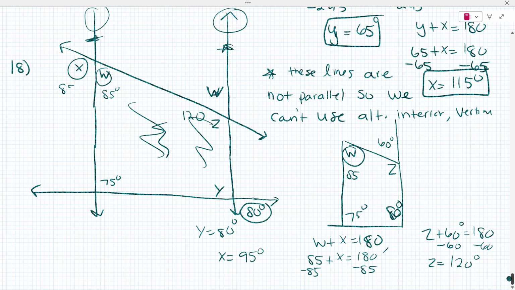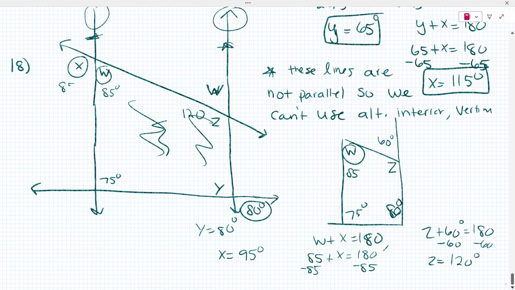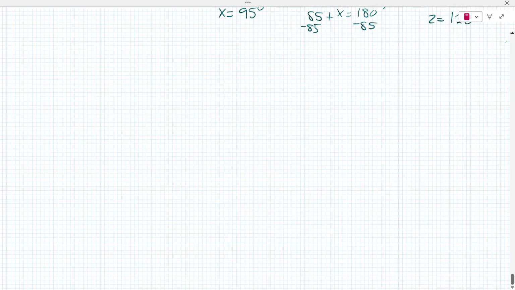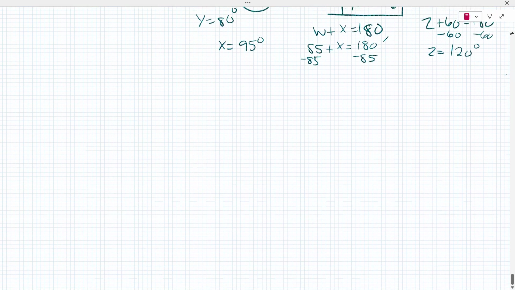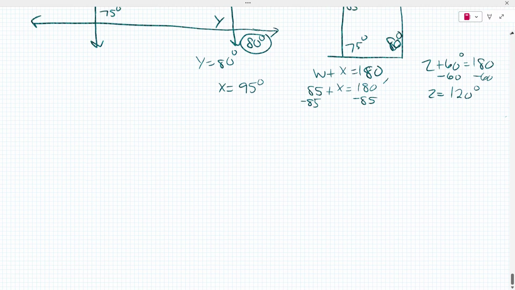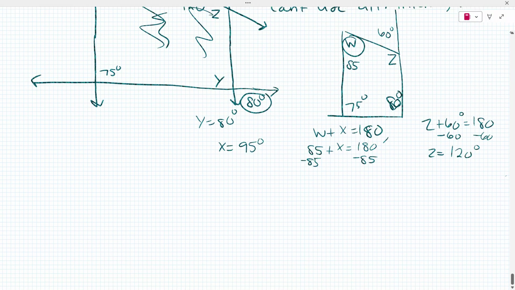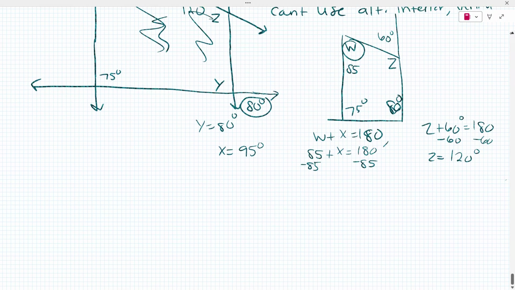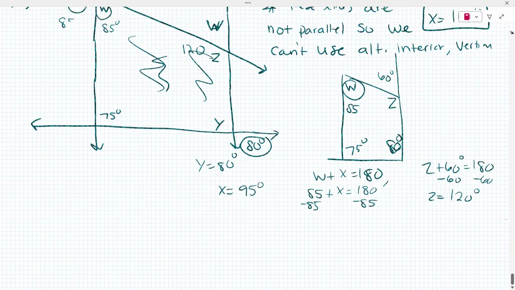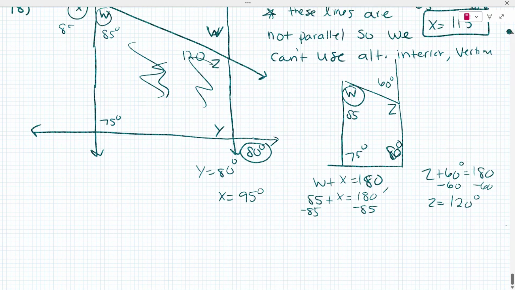Oh, now I think I know how I got that. What you could do is, we know that the interior angles in this polygon add up to 360, right? So if you add up all four angles, 75, Y, Z, and W, they all add up to 360.